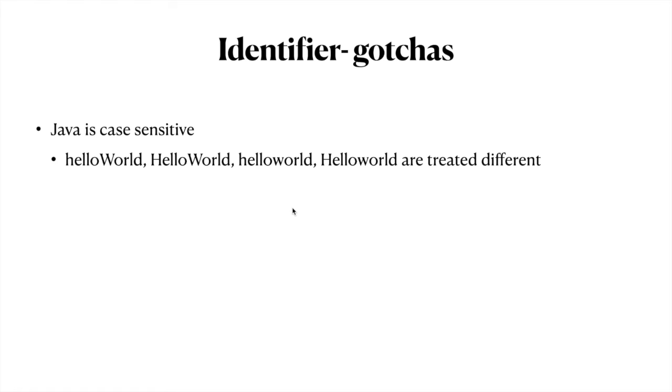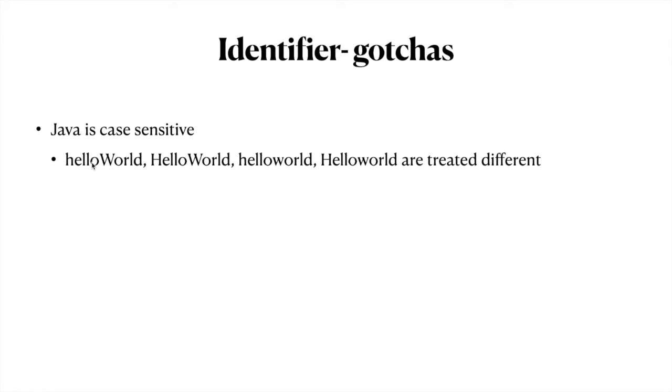There are very important identifier gotchas that you have to consider critically. One, the identifiers are case sensitive. That means, for example, these all are termed hello world, but there is a difference in spelling.